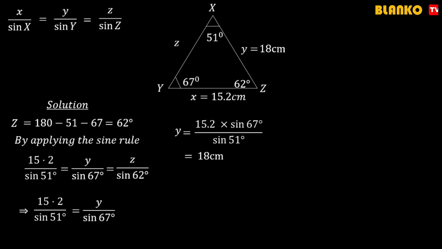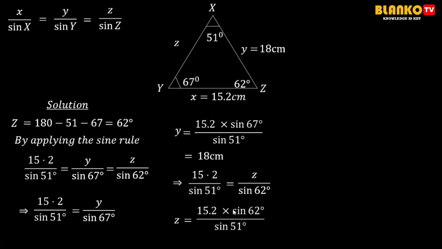By applying the sine rule again, we can take 15.2 over sine 51 degrees equals z over sine 62 degrees, so that we can find the side z. By change of subject, z is equal to 15.2 times sine 62 degrees over sine 51 degrees, and that gives us 17.27 centimeters.